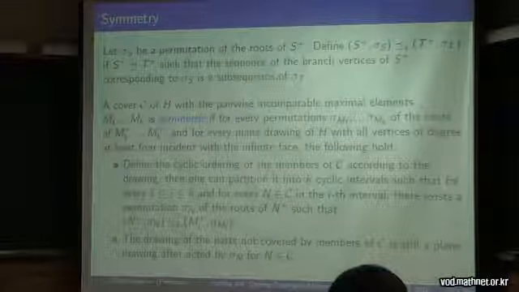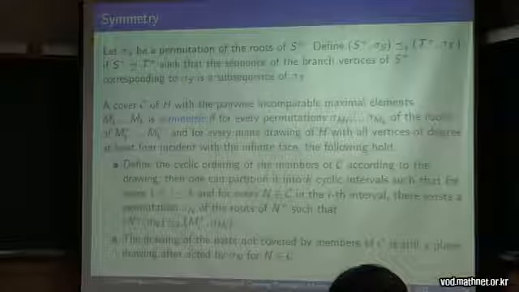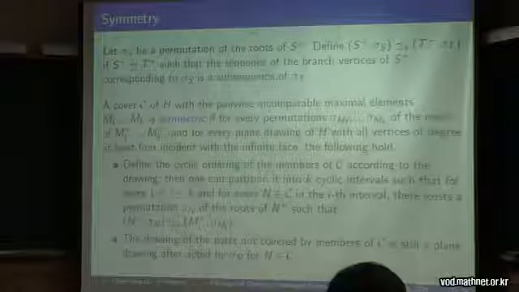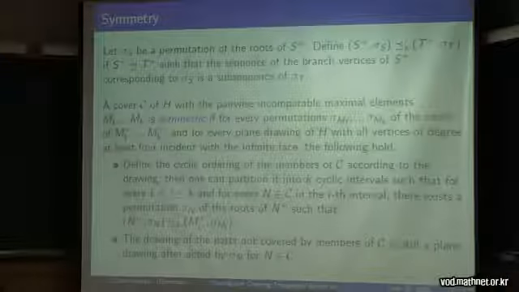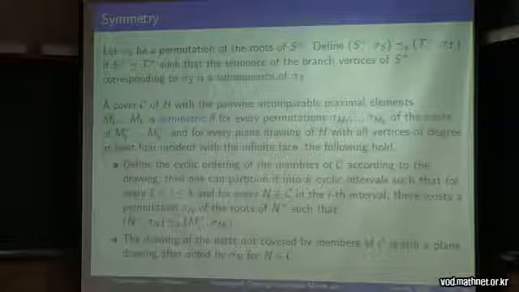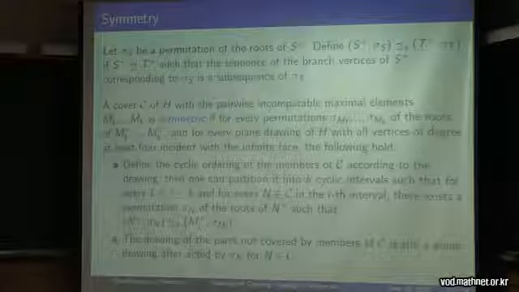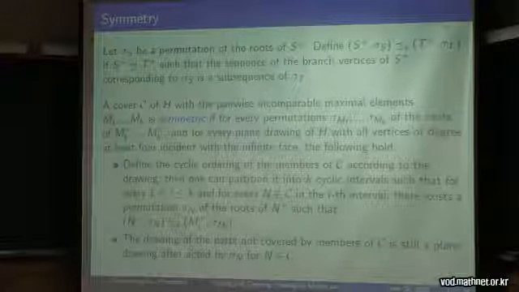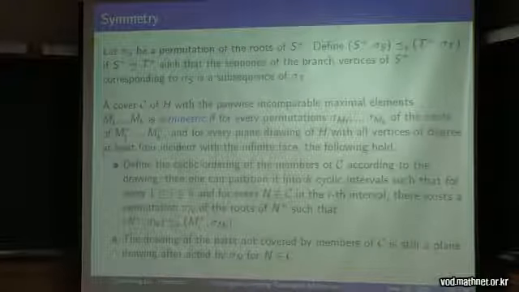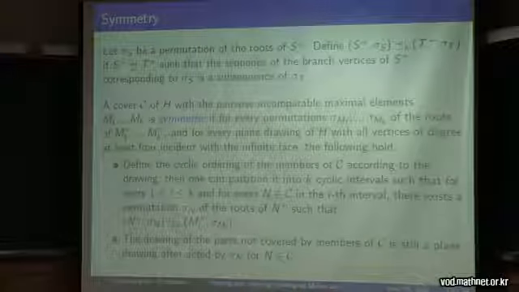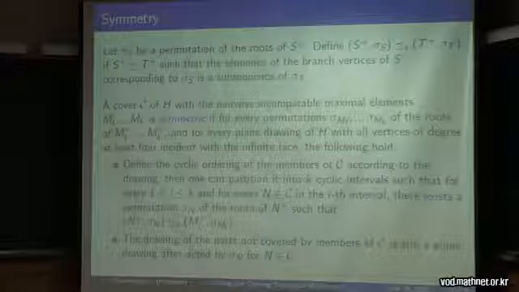So if I go along the infinite face, then I can give an ordering of the members of the cover. Say this is my graph H, and some large degree vertex here. And each member of the cover contains some degree 4 vertex, like this. So if I go along the infinite face, I can order the members of the cover.